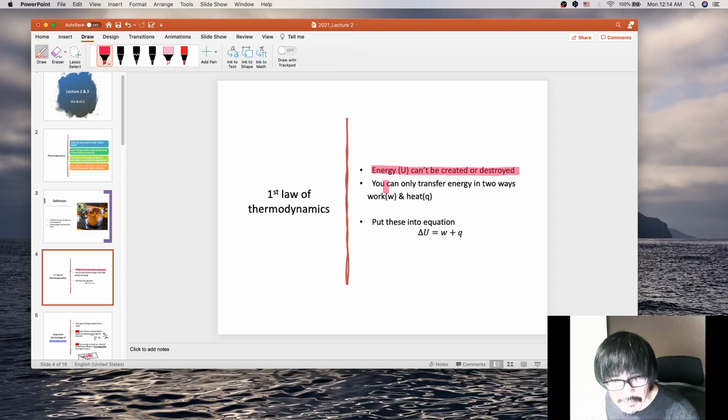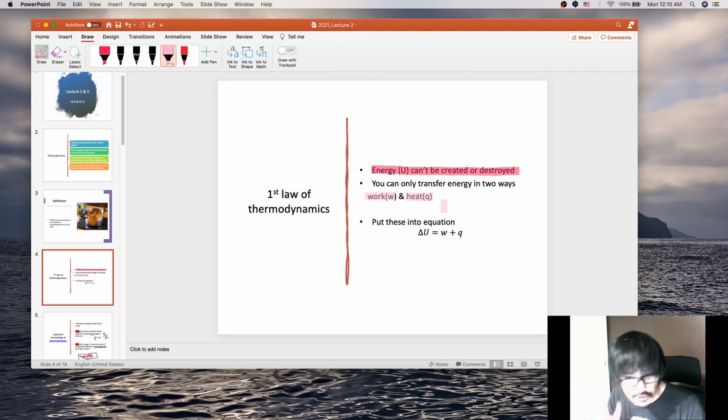because if you can't create or destroy energy, then you can transfer energy in and out. But that can happen in only two ways. It's either work or heat.